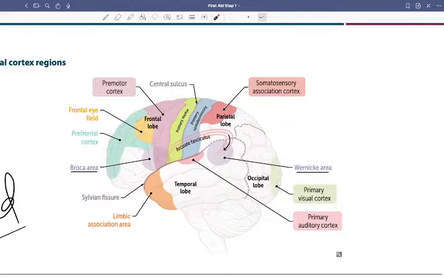And obviously Wernicke's is your auditory association area. Wernicke's is 22, remember, and 41, 42 was primary auditory cortex.